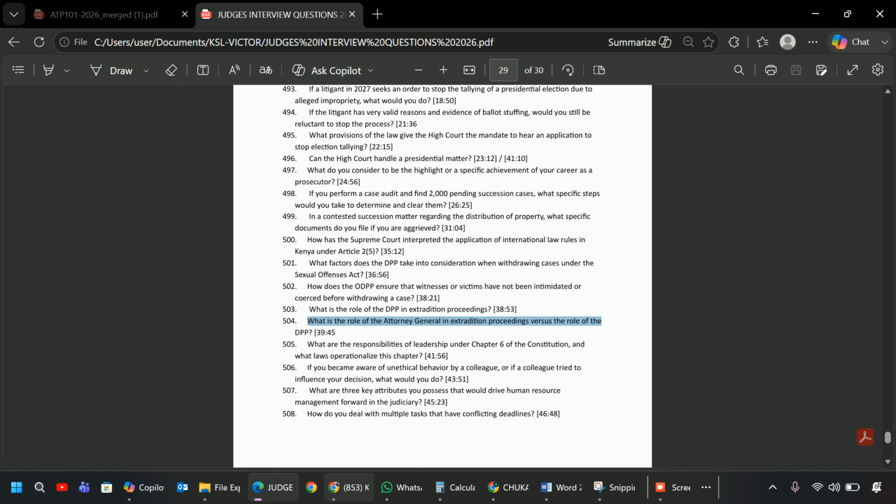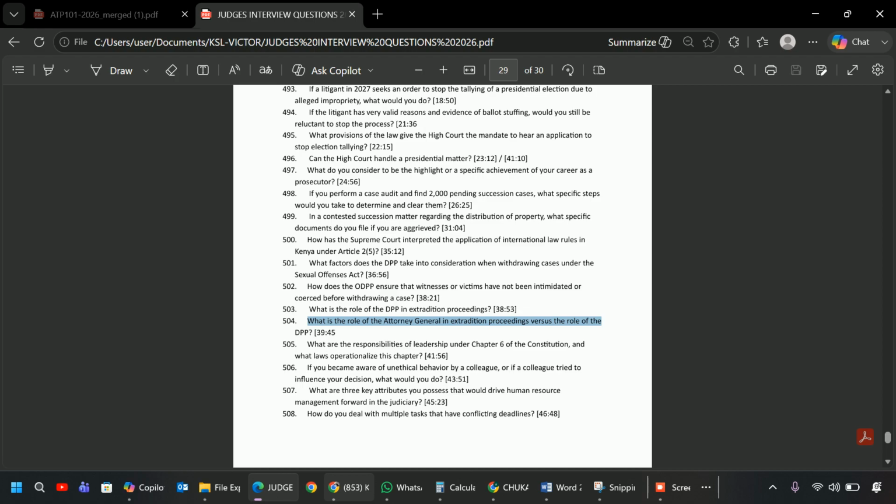Upon expiration of the period of 15 days, or if directions in the nature of habeas corpus are issued, after the decision of the court upon the return to the directions, as the case may be, or after such further period as may be allowed in either case by the CS, the Cabinet Secretary may by warrant under his hand order the fugitive criminal, if not set at liberty on the decision of the court, to be surrendered to such person as is, in his opinion, duly authorized to receive the fugitive criminal by the country from which the requisition for the surrender proceeded, and the fugitive criminal shall be surrendered accordingly.